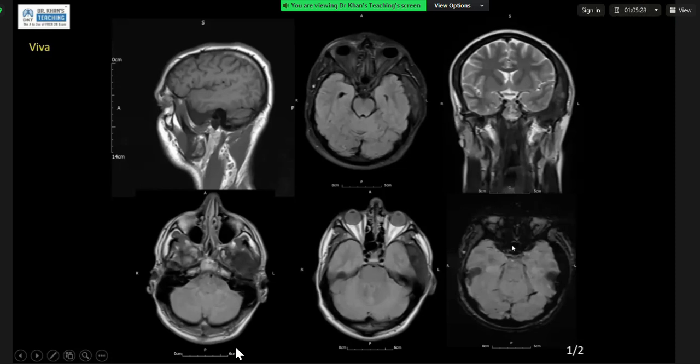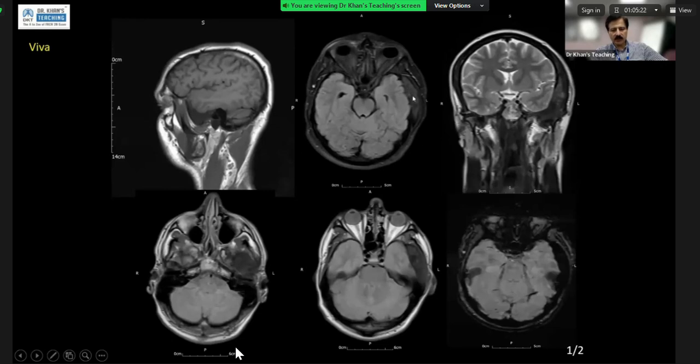Left, yes, left temporal. So the mastoid portion of the left temporal seems to have an expansile soft tissue lesion there. Which portion? I think it's not mastoid, the squamous portion of the temporal. Squamous. Okay, if you include the squamous, I will totally agree with you.